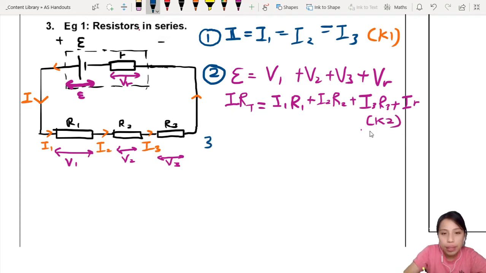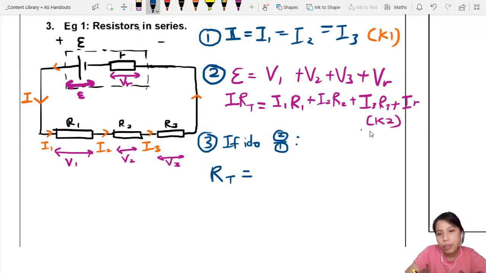The third step is you have two equations. So if I divide equation 2 by equation 1, then what do you get? You take I R_T divided by I. So that's left R_T equals I1R divided by I, which is the same thing.